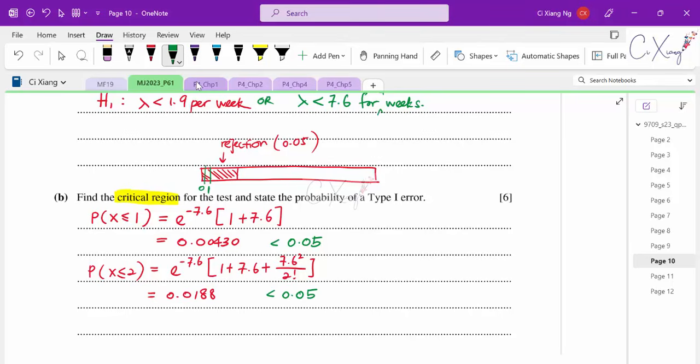It means that x equals 2 also falls under the rejection region because the area for x smaller than or equal to 2 is less than 0.05. So the 2 here is still inside the rejection region. Then how about the next one? For the next one, I'm going to calculate x smaller than or equal to 3, e negative 7.6.